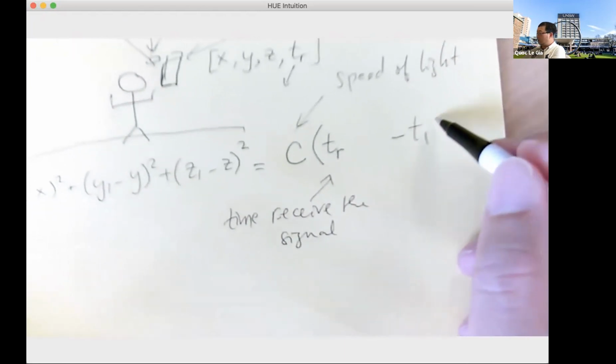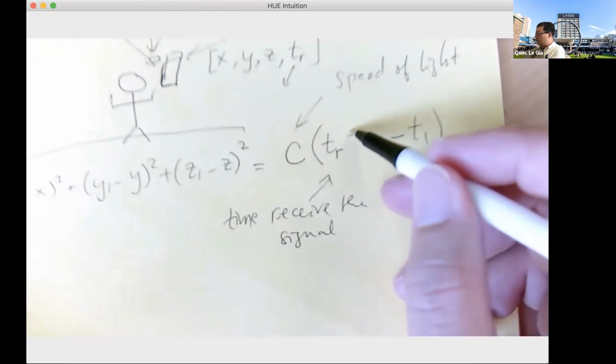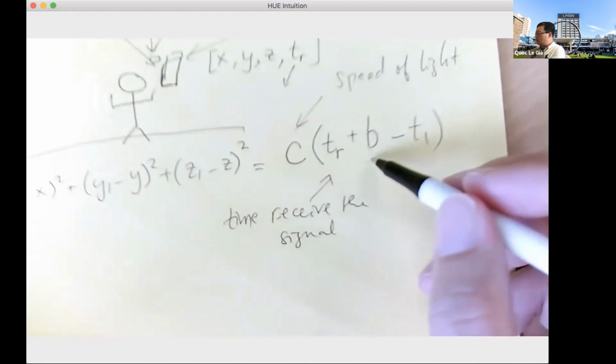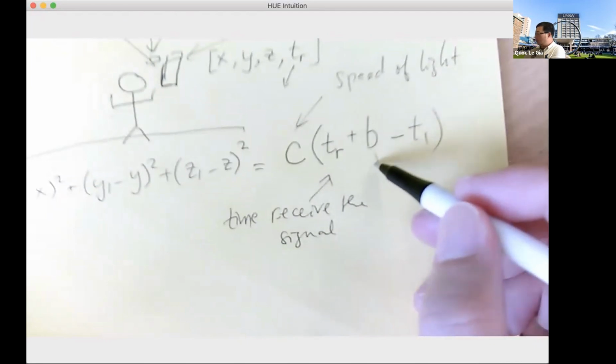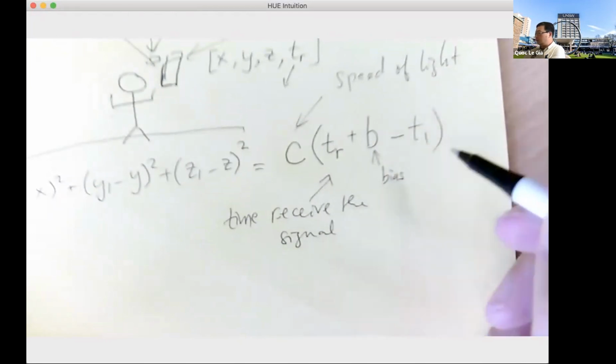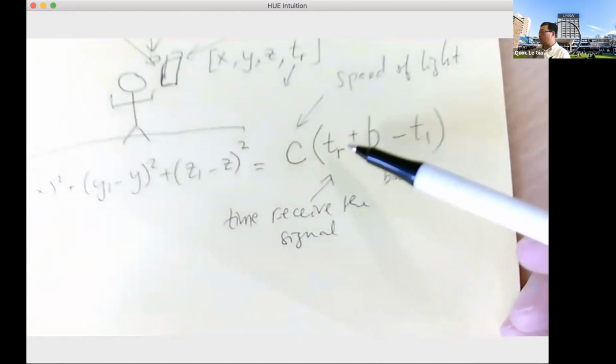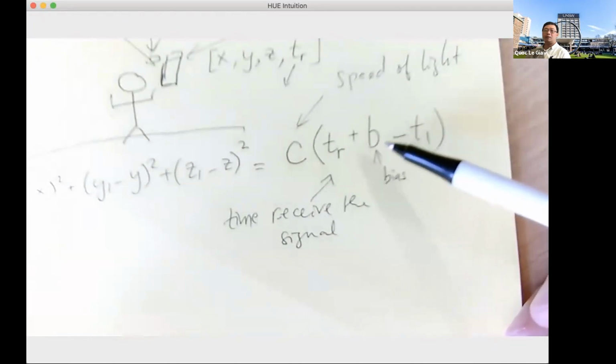Okay, and then there is some delay, some bias. So this one is a delay from your device. I mean there is some delay from your phone that causes some tiny delay.